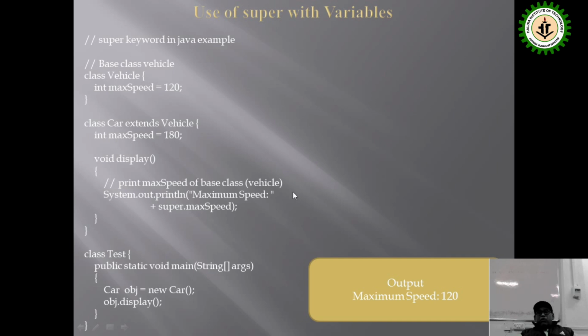Then we create an object of the Car class, Car object equals new Car, and call object.display. The output will be 120, not 180, because super.maxSpeed refers to the variable of the parent class. This is the first example, super with a variable.